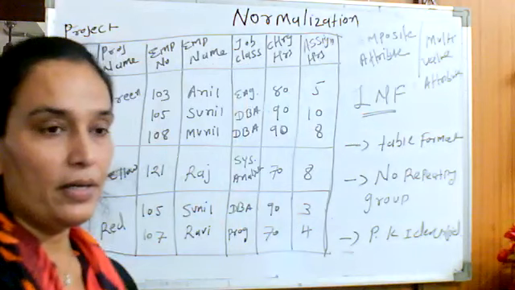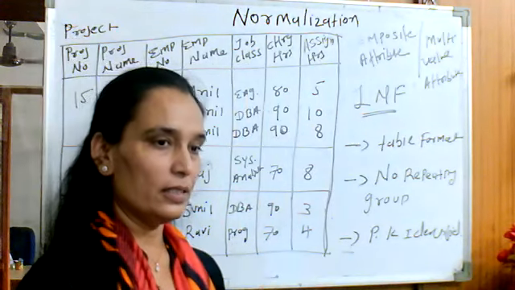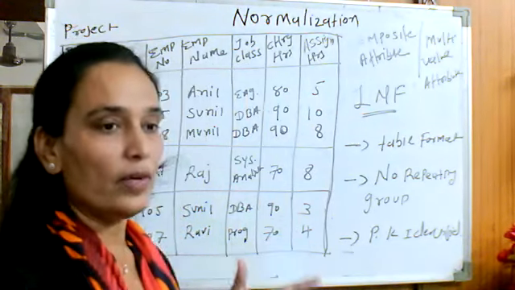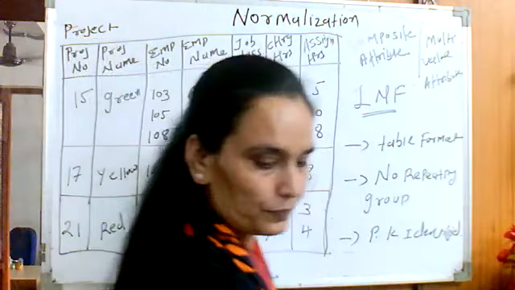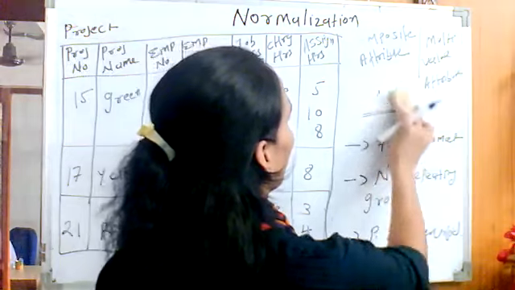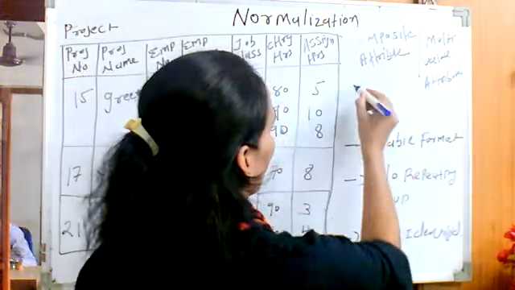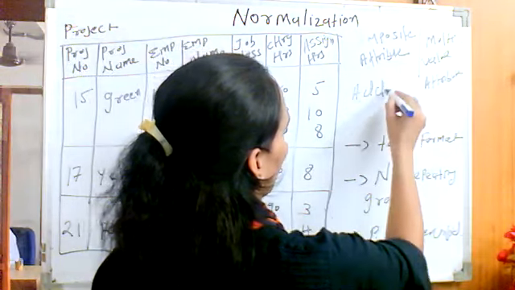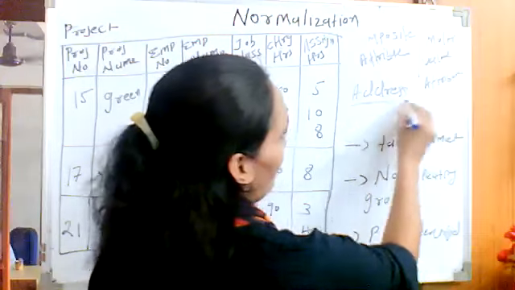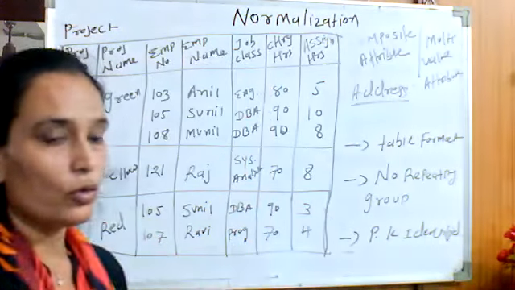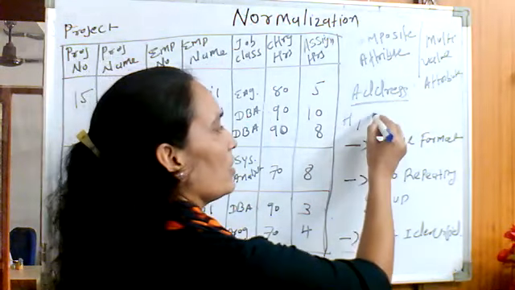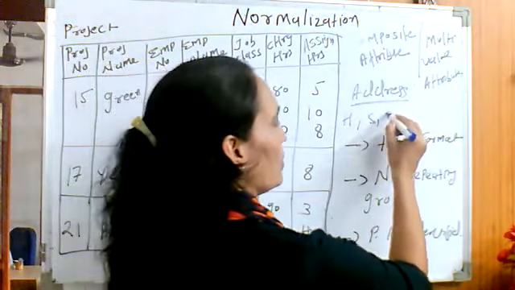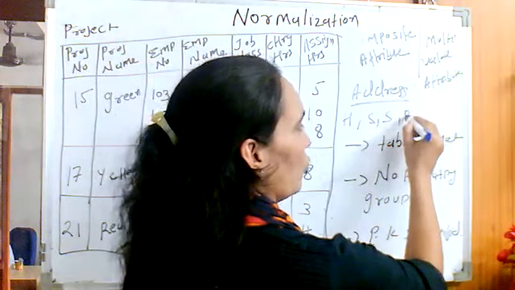What is a composite attribute? Composite attribute means there are multiple values in one attribute. For example, address. Address is a composite attribute because in one address there is house number, street number, state name, pin code.